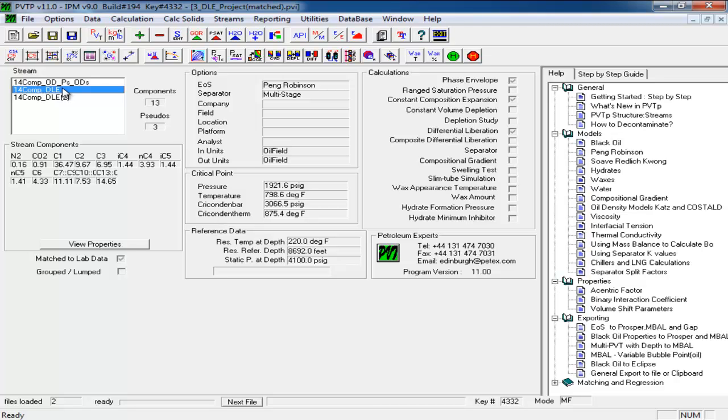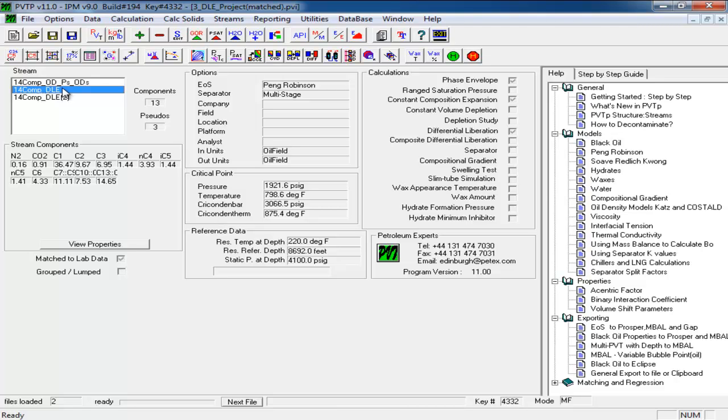So we are here in this step. When I say data at saturation pressure, I mean saturation pressure and oil density at saturation pressure. Both have to be matched with an average absolute error less than 1%.